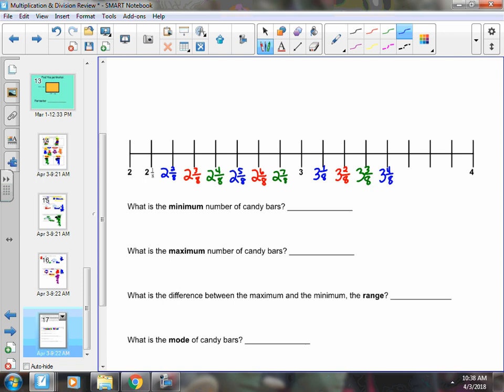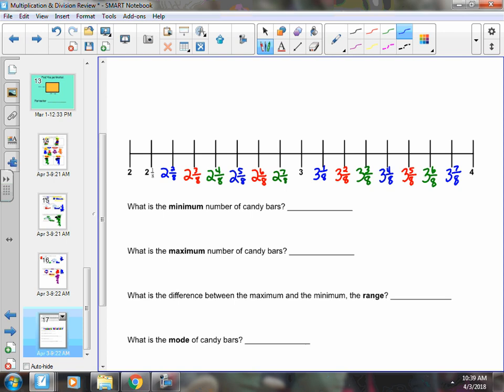That's right. 3 5/8. 3 6/8. 3 7/8. And 3 8/8 is the same thing as 4. Good. Okay, so we have all of them labeled.